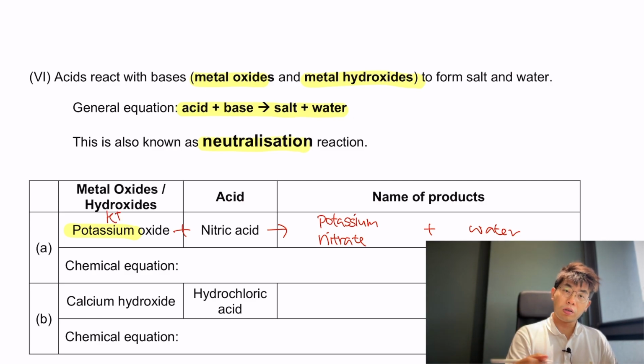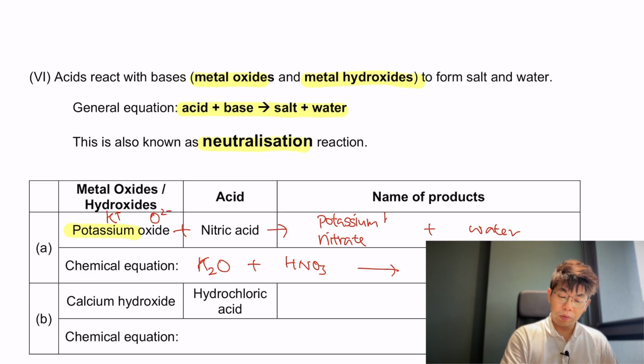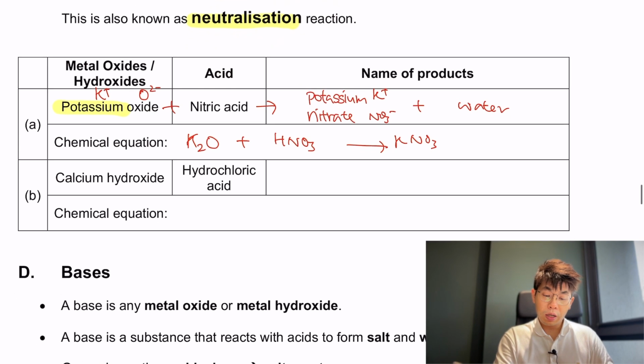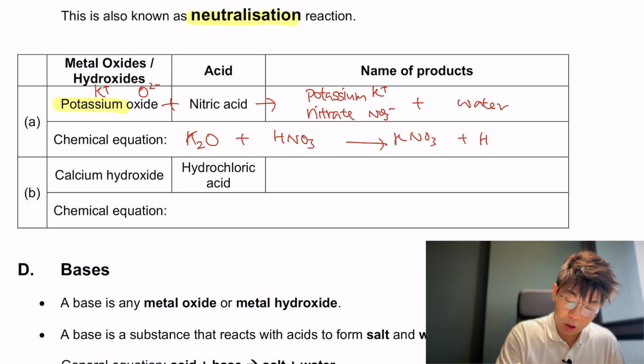Oxide is from group 16, so that's 2−. Therefore, this is K2O. Nitric acid is something that you need to remember: HNO3. Potassium, K+. Nitrate, NO3−. KNO3. And then we have water, H2O.